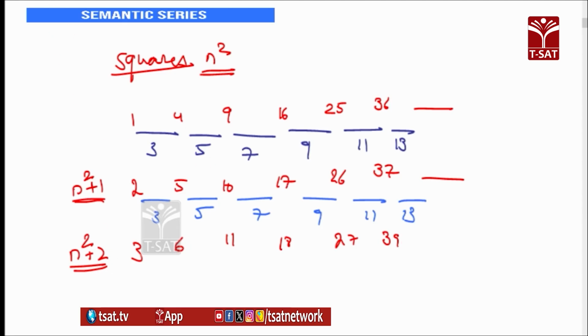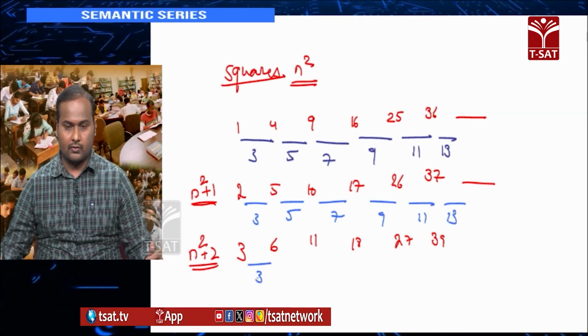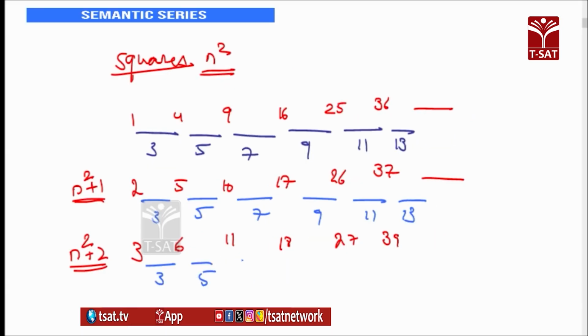If you are able to recognize that 3, 6, 11, 18, 27, 39 is n square plus 2, it is well and good. Otherwise, you can take the difference here also, because here also the difference is 3, 5, 7, 9, 11. And the next difference, obviously, will be 13. You just add 13, you will get the answer, that is 52. So you can solve in this way also.